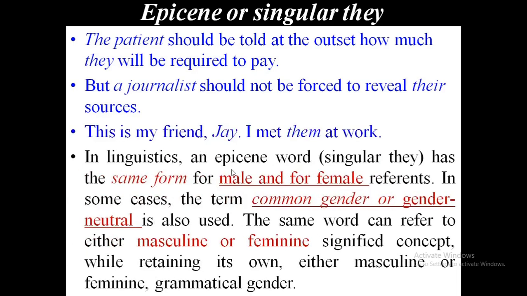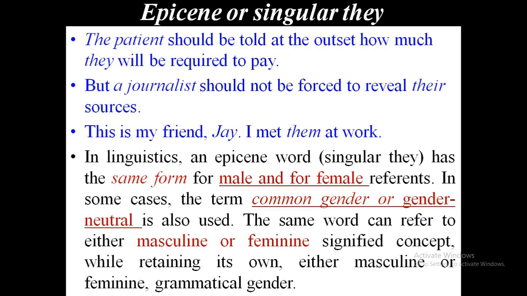So in linguistics, an epicene word, a singular they, has the same form for male and for female reference. Yes, the word epicene has the same form for male and for female reference.